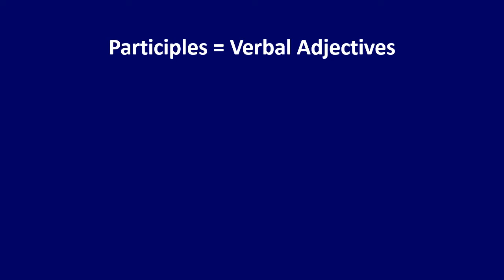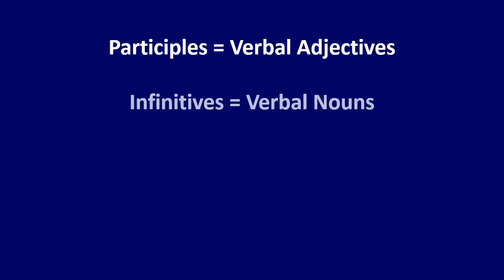But the participle can also function as an adjective in the sense that it can modify a noun, like the word sleeping in this sentence: the sleeping giant has been awakened. Well, similarly, when it comes to infinitives, they function as verbal nouns, or that's what they're called, verbal nouns, because they can participate in some of the features of the verb and some of the features of the noun.